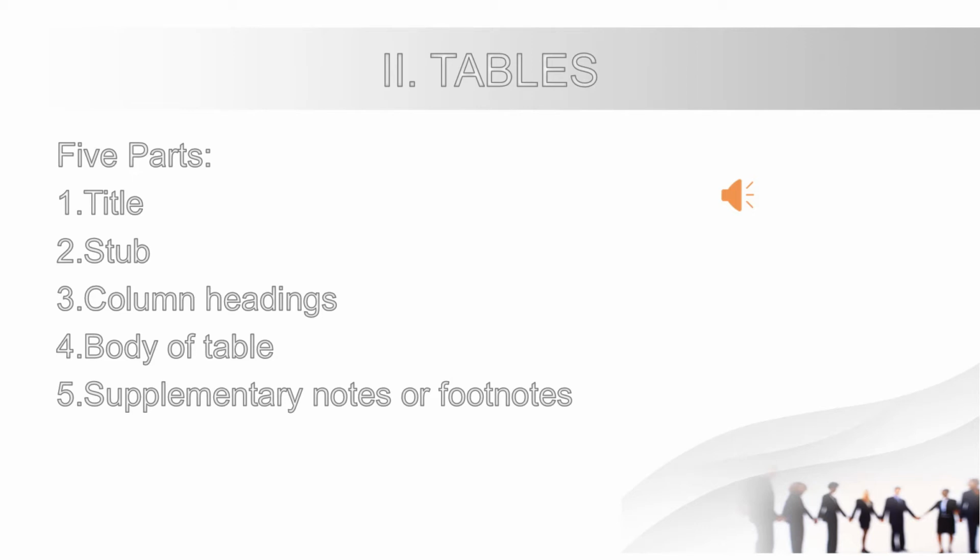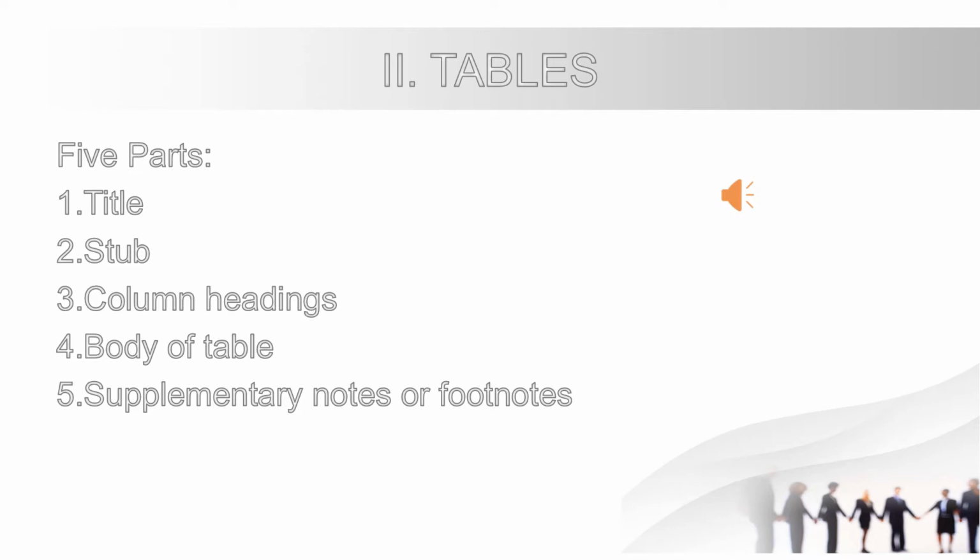Let's proceed to the stub. The stub is the first column on the leftmost side of the table, and it has a stub heading at the top of the column. Not all tables have a stub. The stub shows the subcategories that are listed along the y-axis, or the left-hand column of the table.